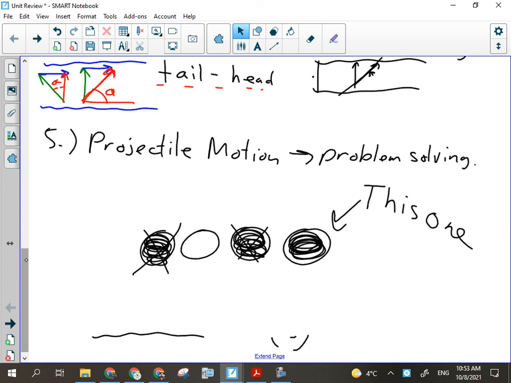And as I said, those 2 questions are exactly like 2 questions we have done as examples in class. Question number 3, boat question. Question number 4, acceleration problem.